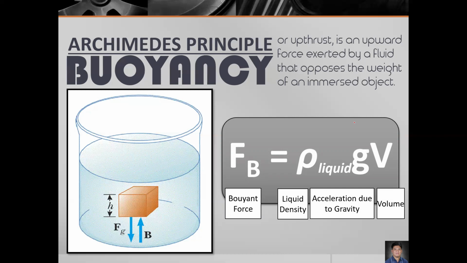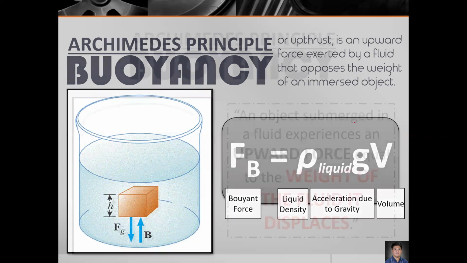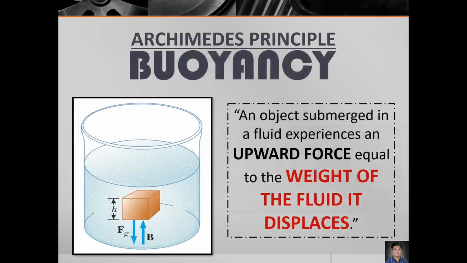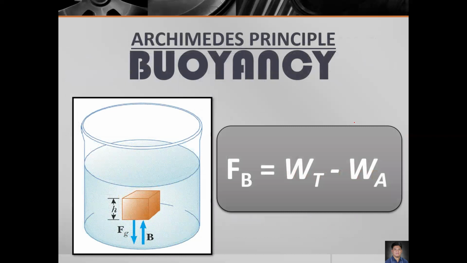And one thing, we can also solve for the buoyant force exerted on the object using the weight of an object while it is still not immersed in the water, and that is the true weight.